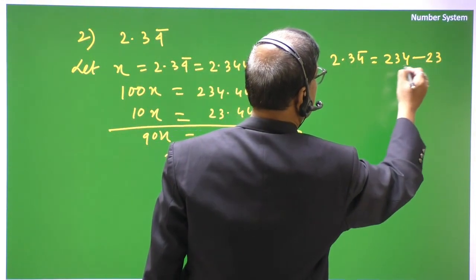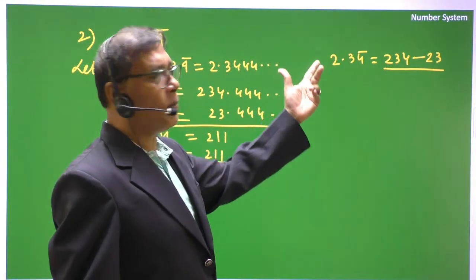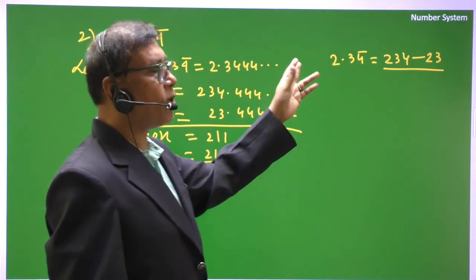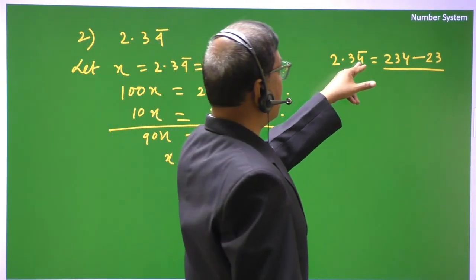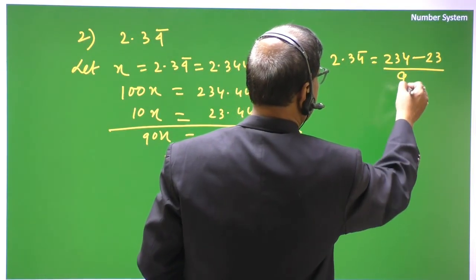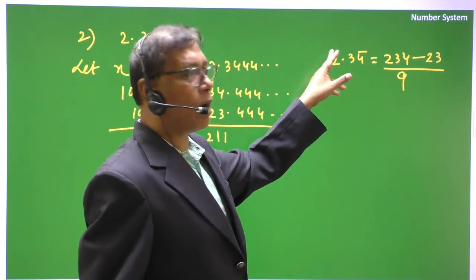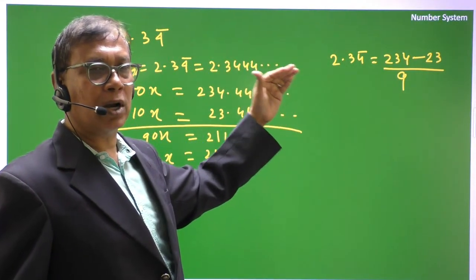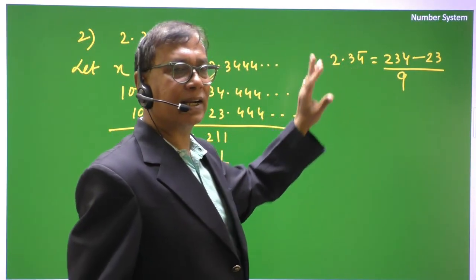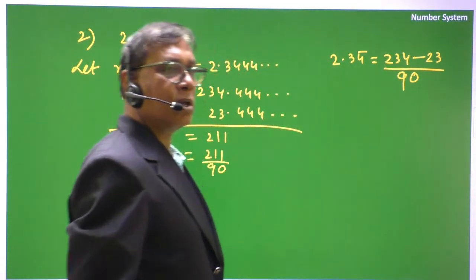Subtract that, divided by, count how many digits are recurring. So many 9s you have to put. So only one digit recurring, that is only one 9. And then after the decimal point, how many digits are non-recurring, that means one digit is non-recurring, that means the 9 will be followed by 1 0.